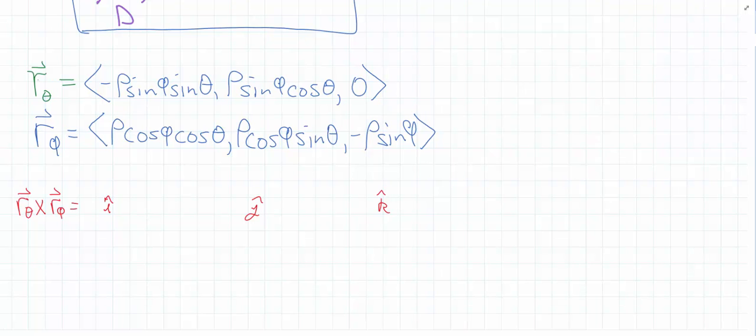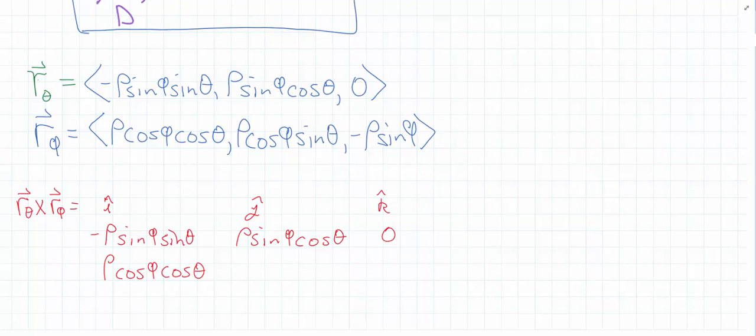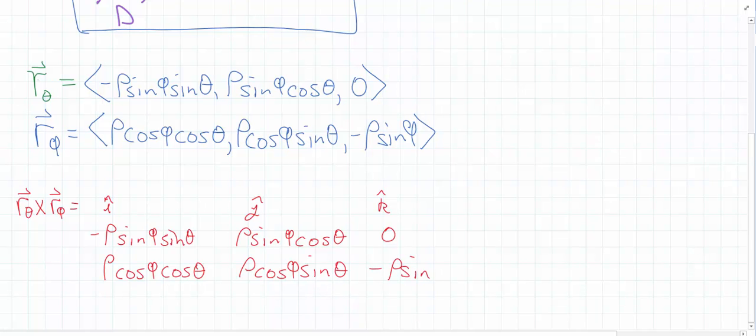First row: negative rho sine phi sine theta, rho sine phi cosine theta, and 0. And then down here, the next row: rho cosine phi cosine theta, rho cosine phi sine theta, and finally negative rho sine phi.